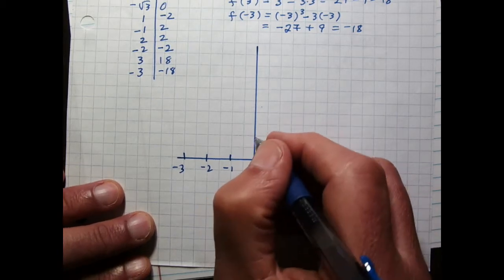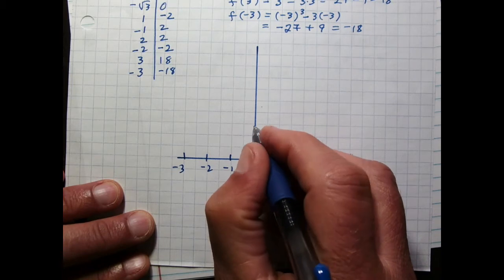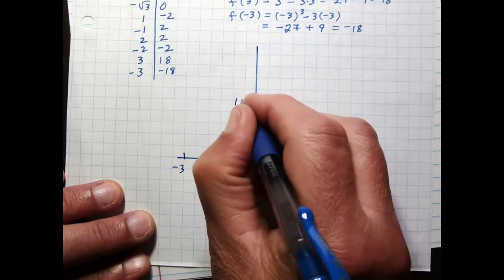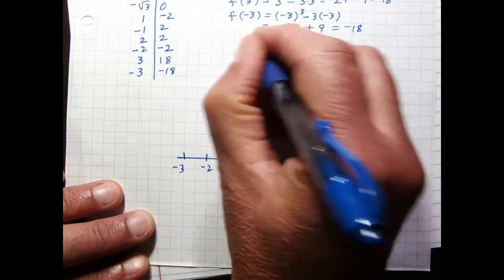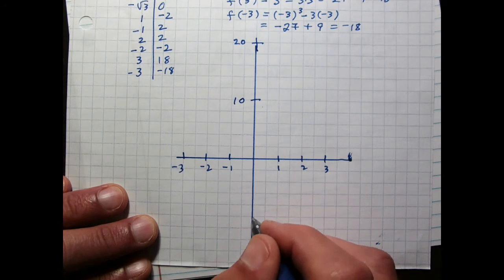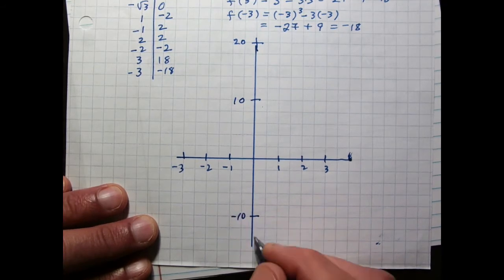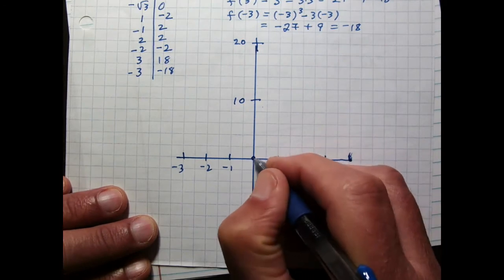I'm going to go 2, 4, 6, 8, 10, 12, 14, 16, 18, 20, and 2, 4, 6, 8, 10. All right, I'm not going to be able to fit my negative 3 point, but that's okay. It will be good enough.